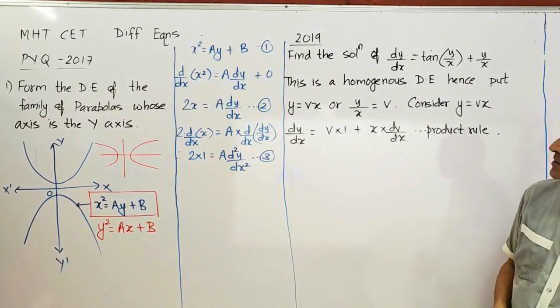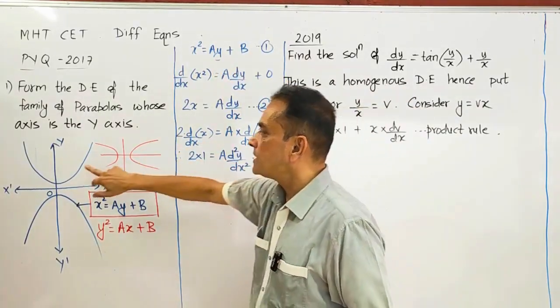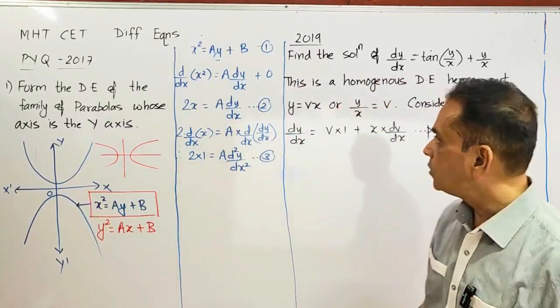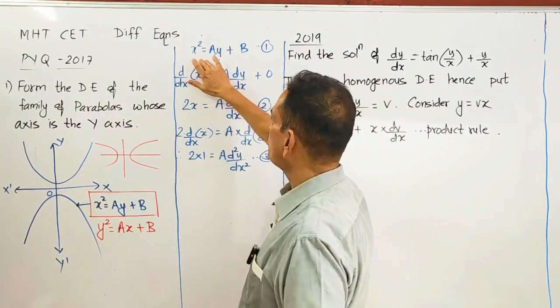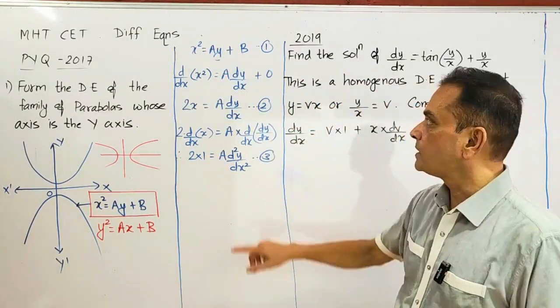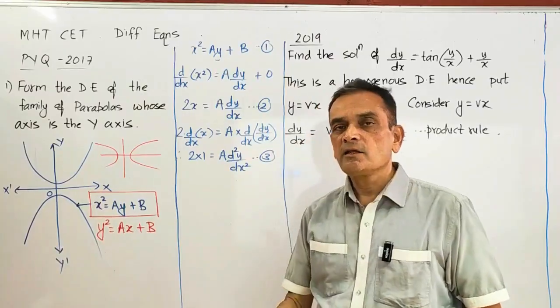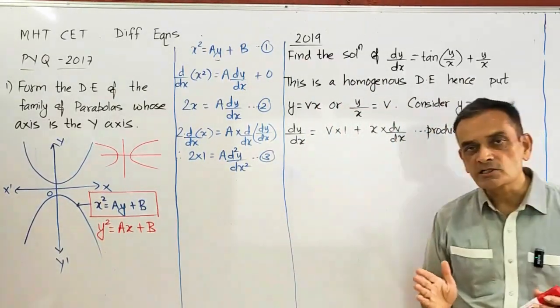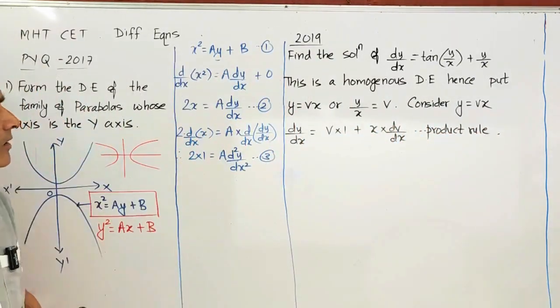This equation is fixed now for all parabolas having the y-axis as the axis. Remember, you have to eliminate both a and b, and in the final answer there should be terms like dy by dx and d squared y by dx squared. Okay, so let's begin now.